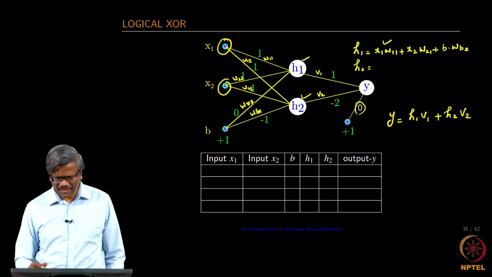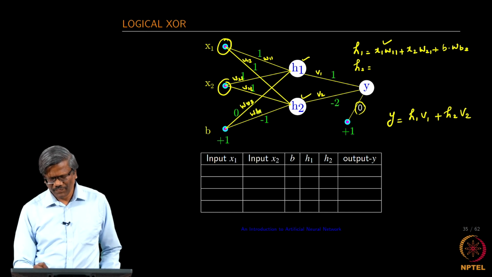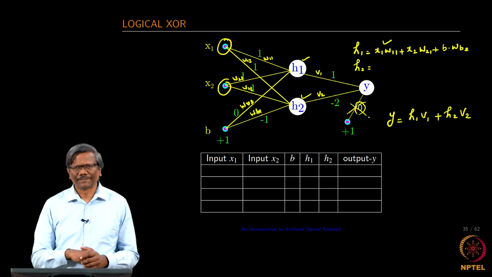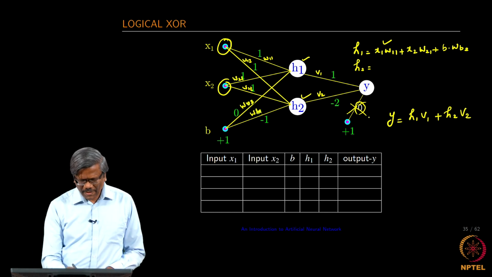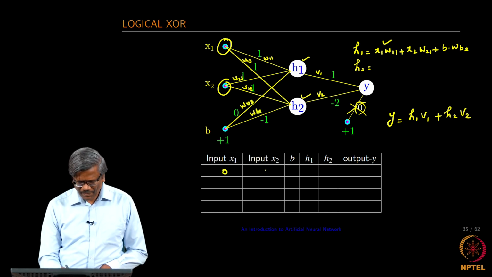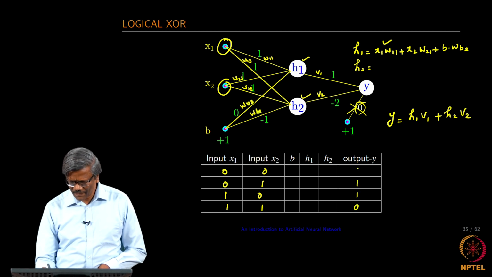In this case since it is 0, we are not going to consider it, we can actually ignore it. Okay. So, you can fill this up. So, our output would be like this, right.